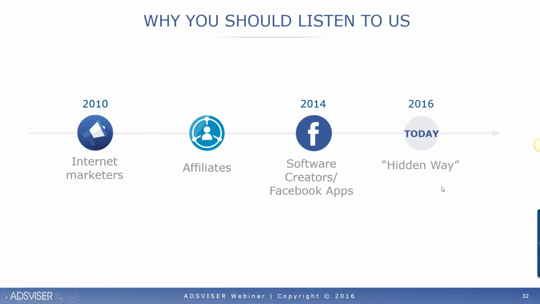I'm speeding through this because you're anxious to get to the content, so bear with me. In 2016, we wanted to create a hidden way, and that's what we're going to discuss today: the hidden way to create an awesome campaign.